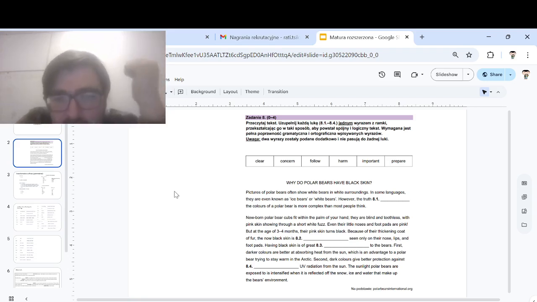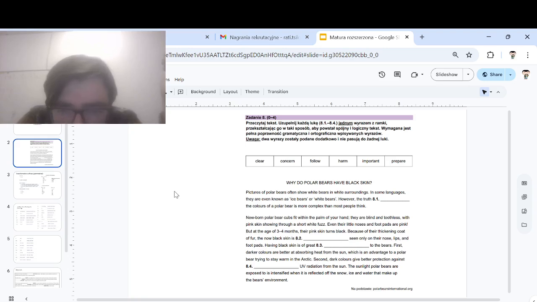Now let's look at our words. We already used concern. So clear, skin is clear, easily seen, it can be clear, like "jasne", right? Seen, yes, can be. Full of, no. Harm, there is no information.